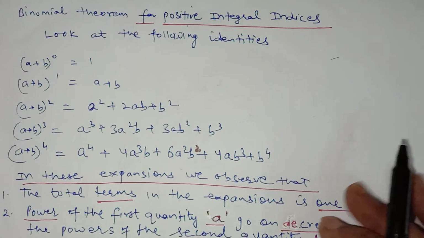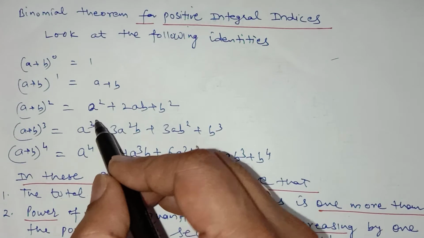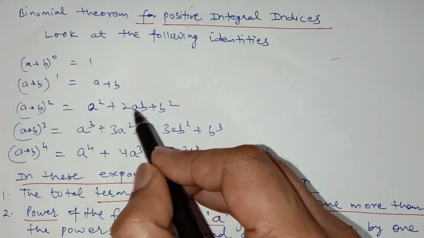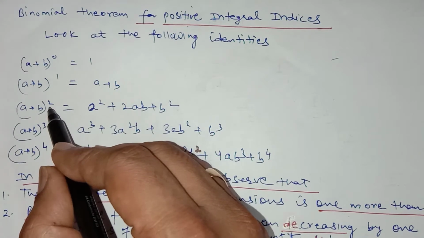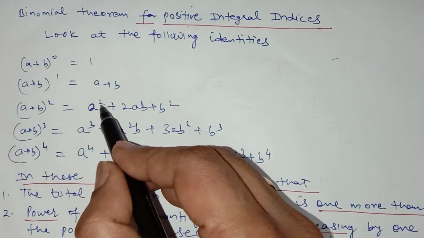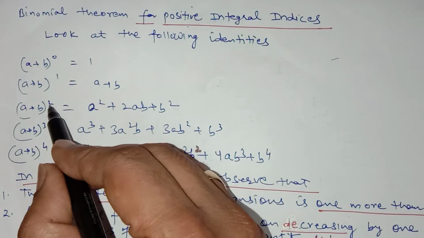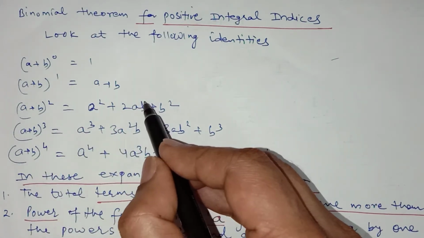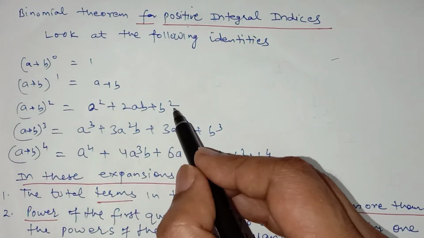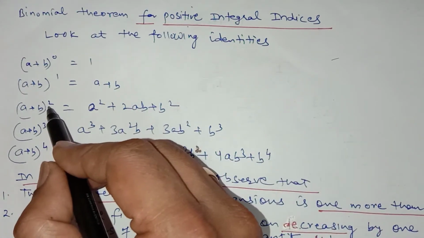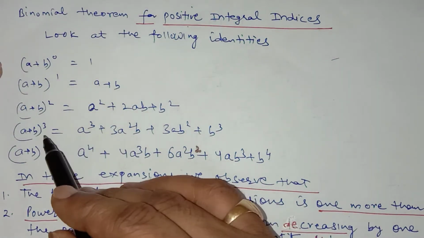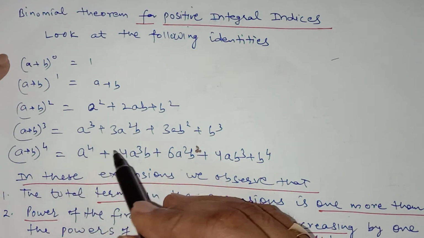Another observation is this: the sum of the powers in each term is equal to the power of the binomial. That is, the power here is 2, so the power of this binomial is 2. The powers of a and b, 1 plus 1, is 2. This means the sum of the degrees of each term in the right hand side is equal to the degree, or the power, of the left hand side.